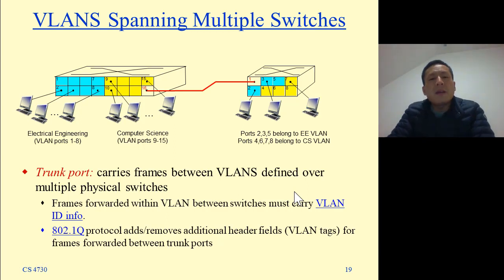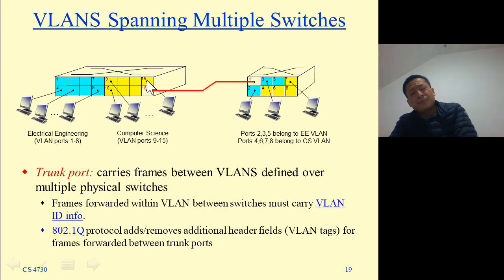So which means you have to define some additional mechanism to make this happen. Actually, the 802.1Q protocol defines additional header fields containing the VLAN tags for this purpose, so that the trunk ports connecting multiple physical switches allow you to form larger VLANs. Okay, so extend the size of these VLANs by using trunk ports.